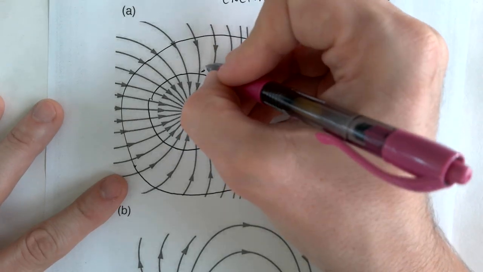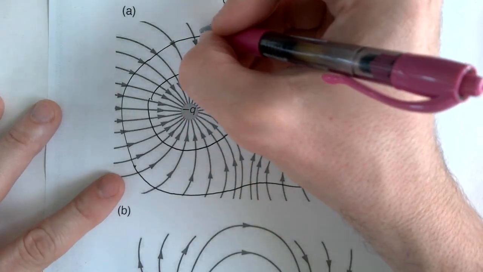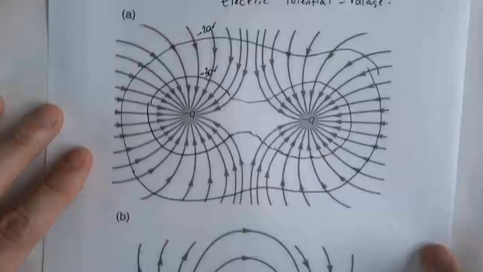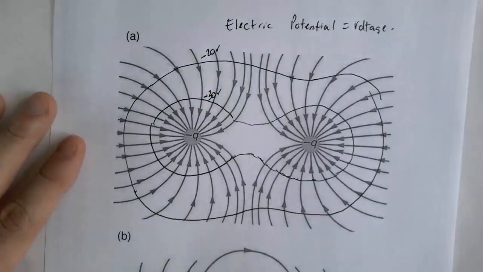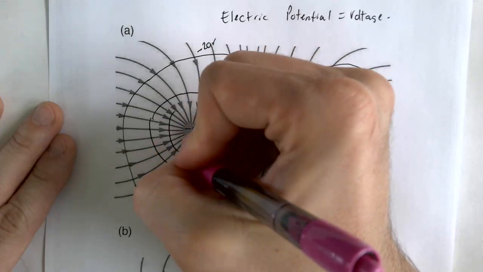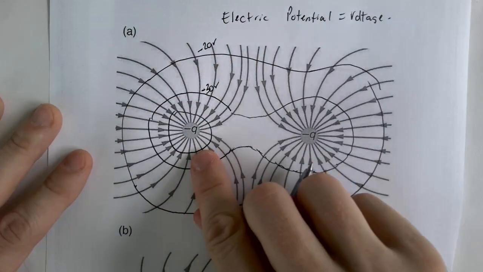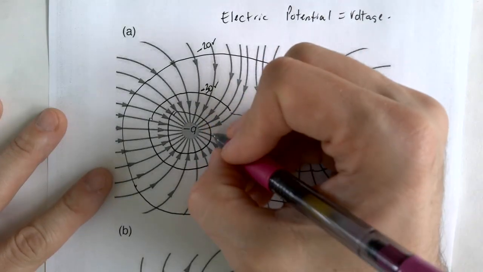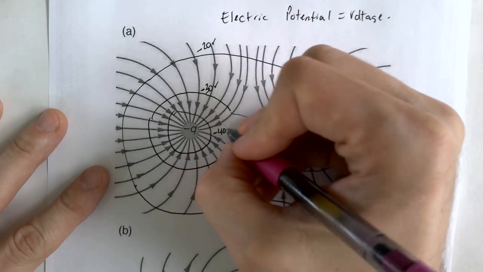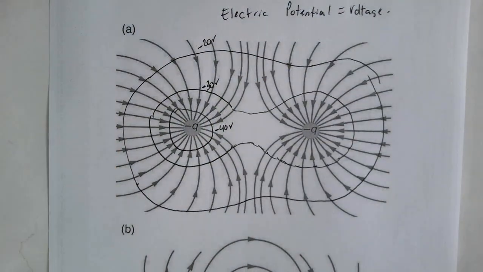So this we could call negative 30 volts. And then over here we could call it negative 20 volts. And if I wanted to find negative 10, it would be even further away, because they get closer and closer as you get closer and closer. Notice how the field gets more dense. If the field is more dense, then the voltage is going to be even stronger because the electric field is even stronger.